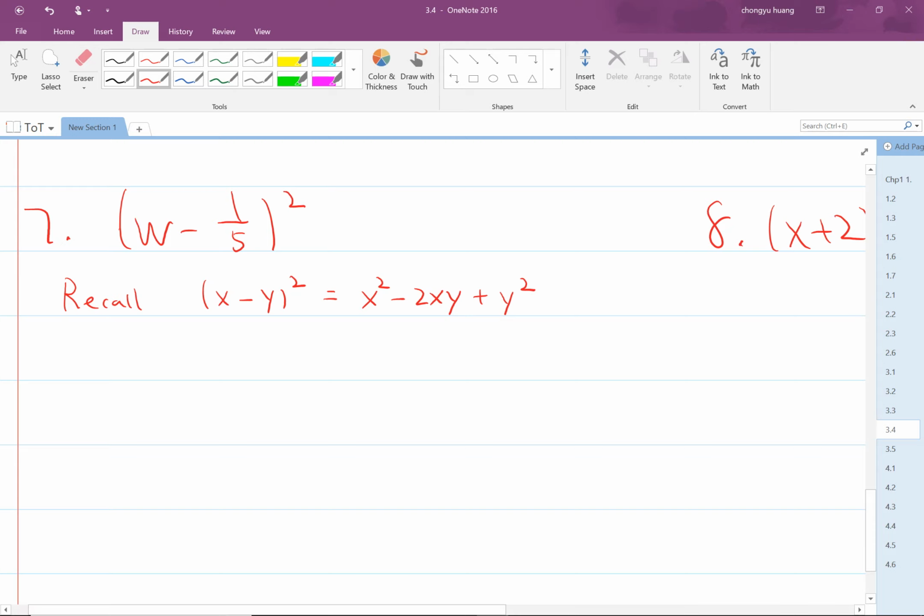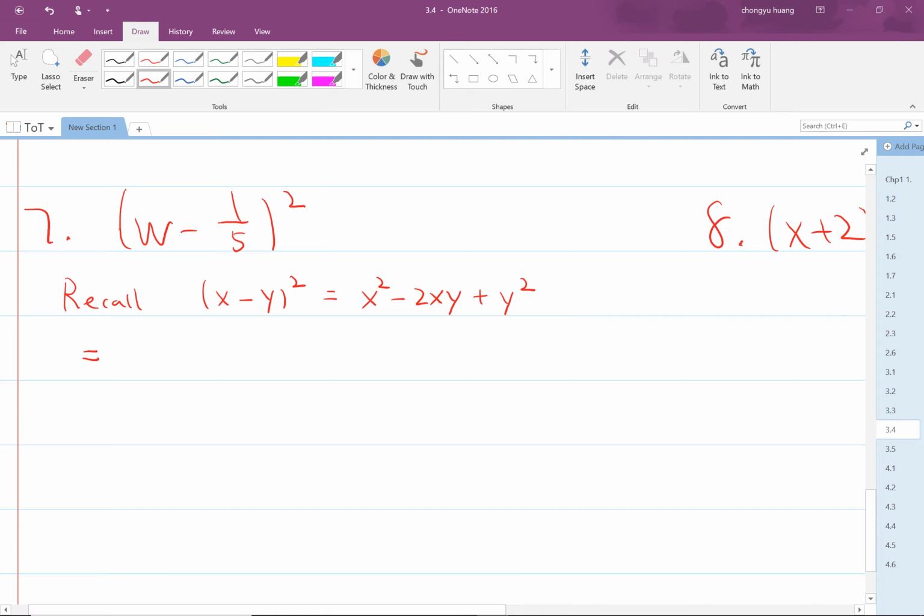Okay, so as you can see in the question, what we got is w minus 1 over 5 to the power 2, right? So we can actually use the property over here. Let's apply the property.